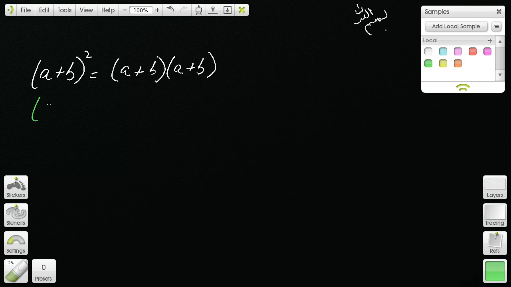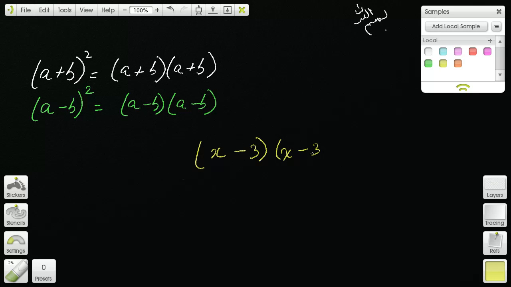The second special case is a minus b squared. So this is a minus b times a minus b. An example of this would be x minus 3 times x minus 3, or 2x minus 3 times 2x minus 3.